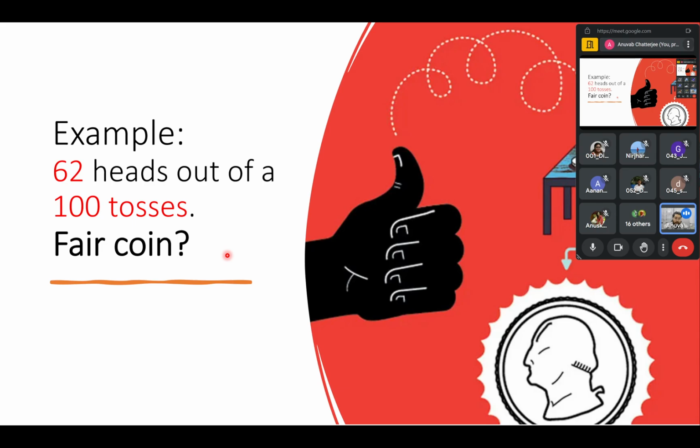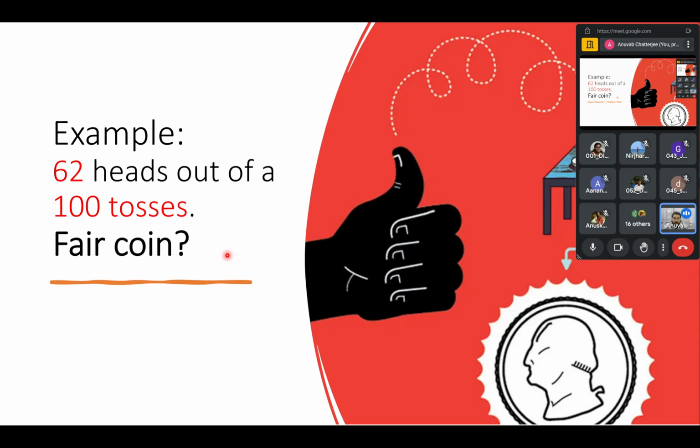There are 62 heads out of 100 tosses. What should be the null hypothesis? The coin is fair. Yes, the null hypothesis would be the coin is fair.